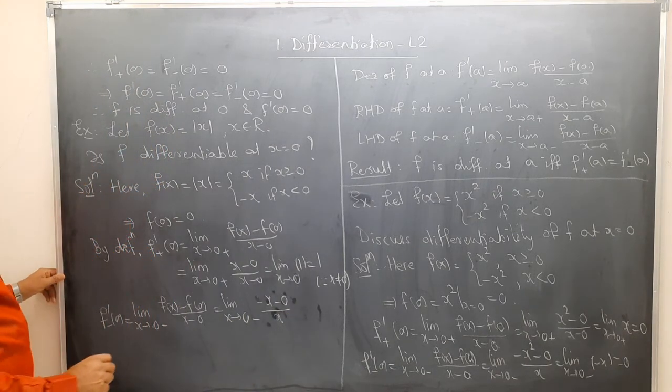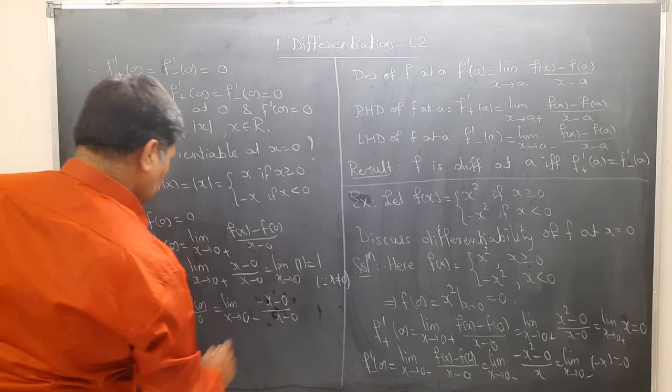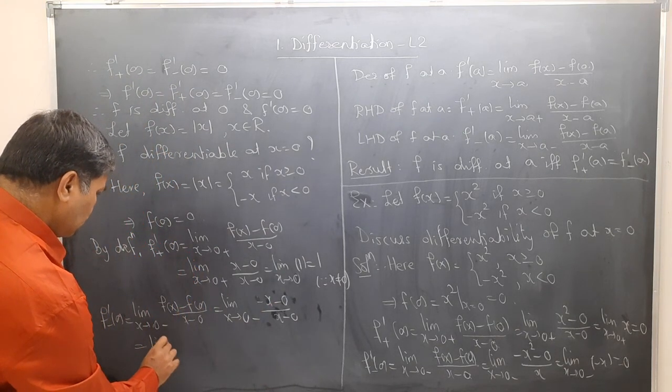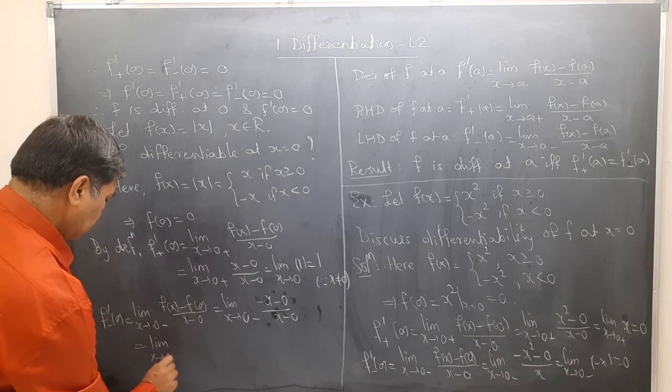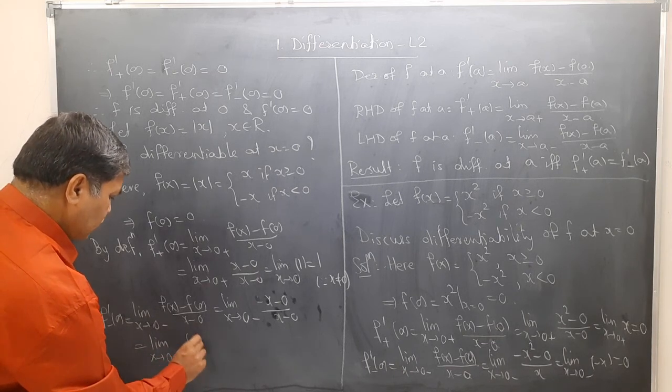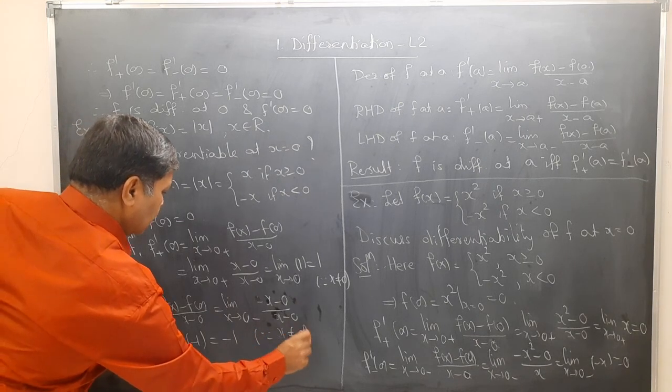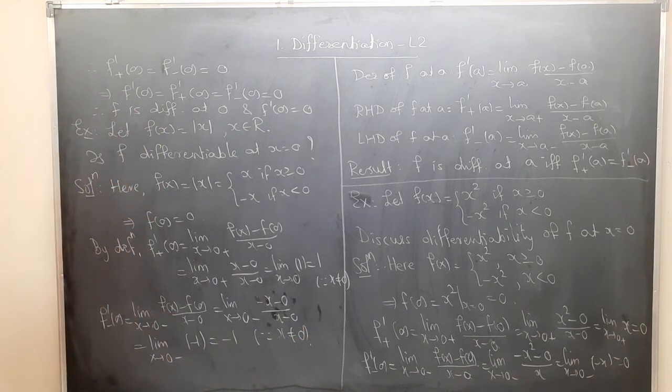So what we get here is limit x tends to 0 minus of minus 1, which is equal to minus 1, since x not equal to 0. x is near to 0 but not exactly 0.